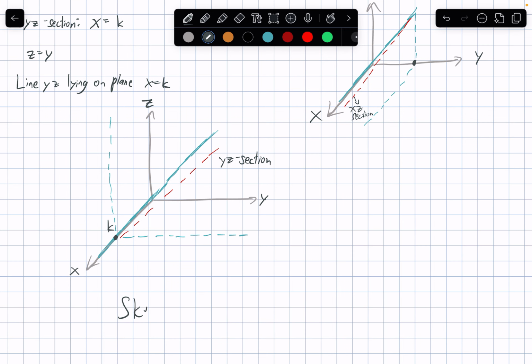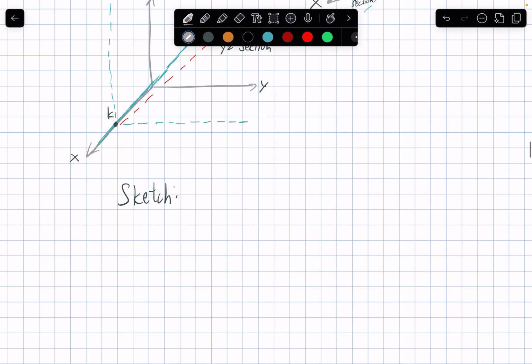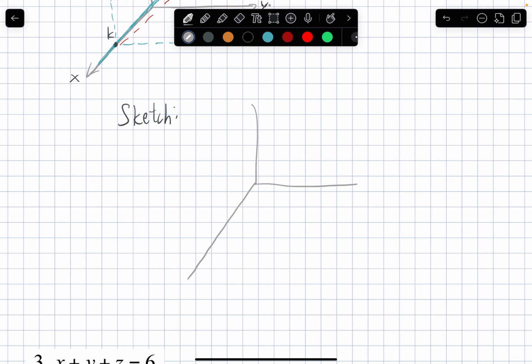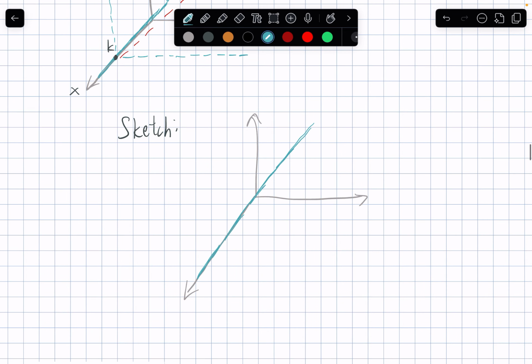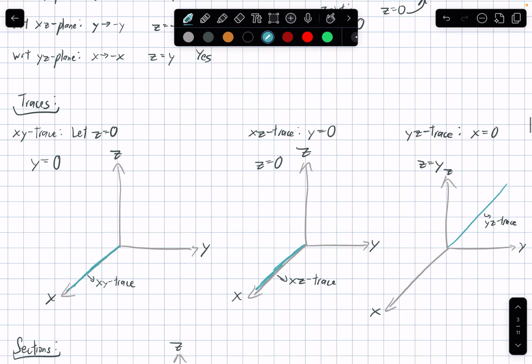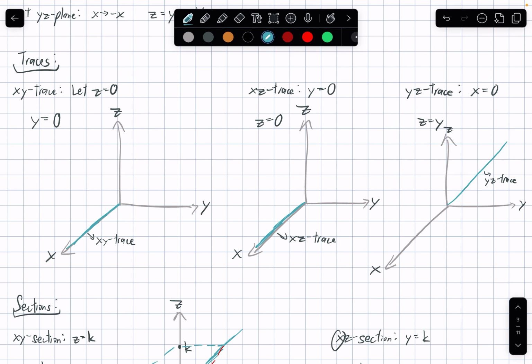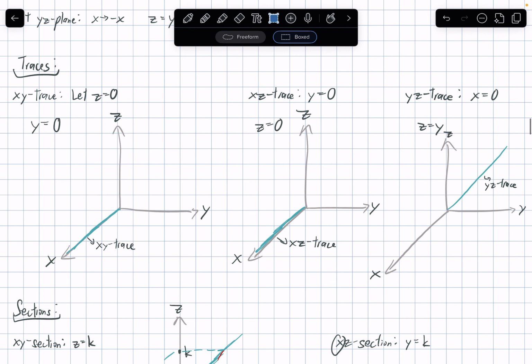Okay, now let's draw the sketch. Again, the traces, this is what we found out. And sorry, I need to tell you this.